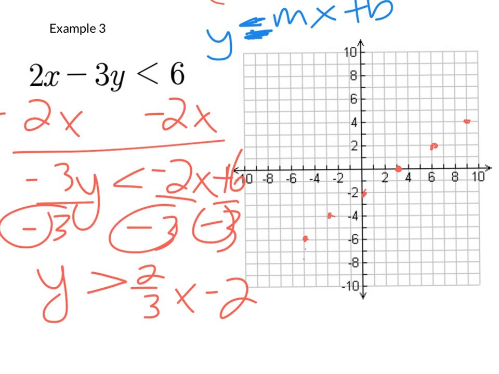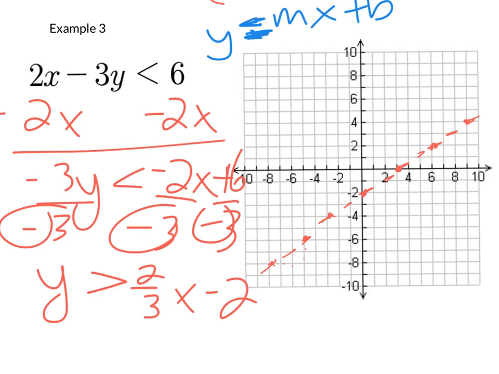Down 1, 2, to the left 1, 2, 3. Now, since this one is a less than symbol with no bar, it's going to be dashed again. So I'm going to make a dashed line here. And you've got yourself a dashed line.